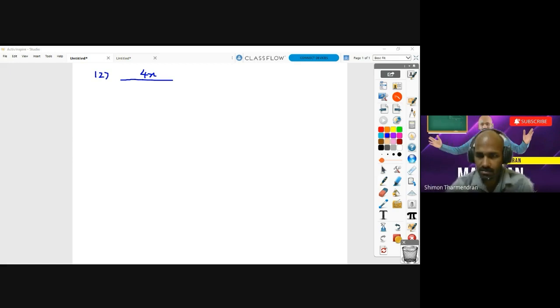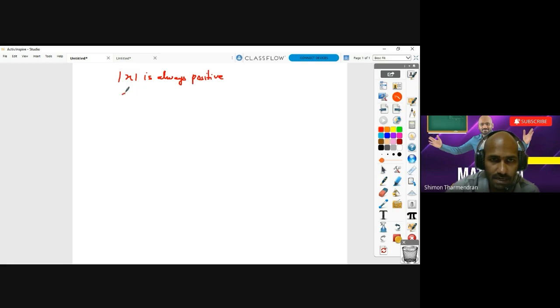Okay. So the question was, why put a square at the beginning? Because it is equivalent. Modulus x is always positive. Now, x squared is always positive.